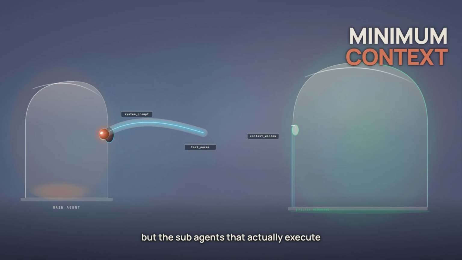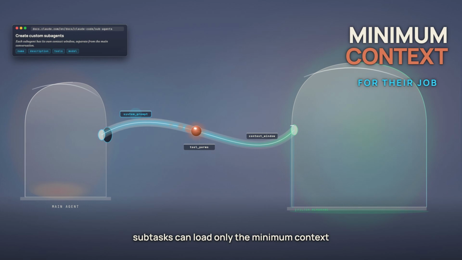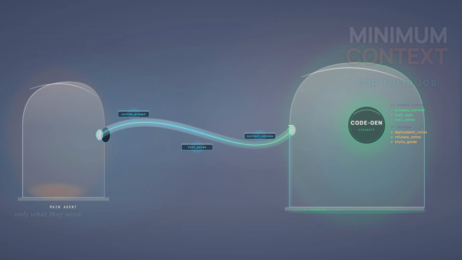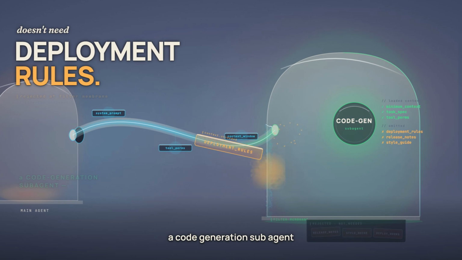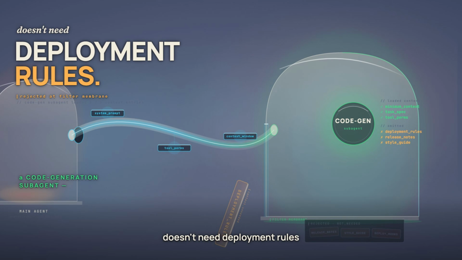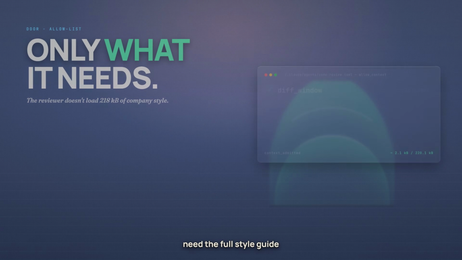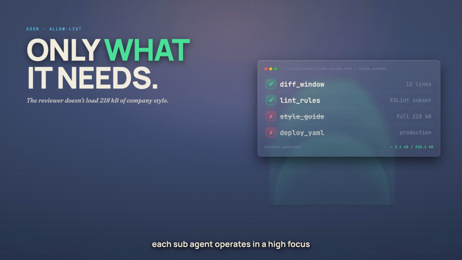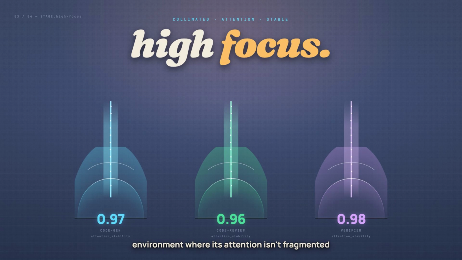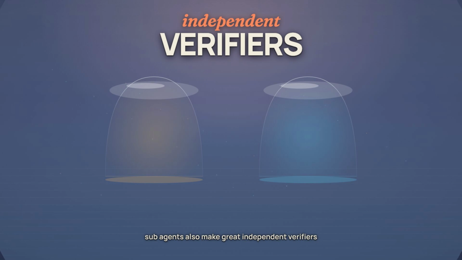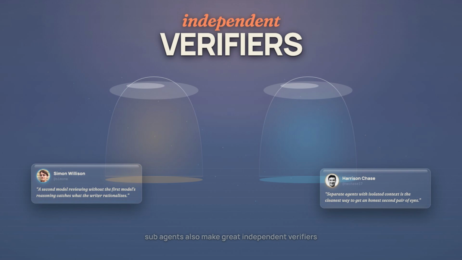What that buys you? The main agent handles orchestration and carries the project-wide rules from Claude.md. But the subagents that actually execute subtasks can load only the minimum context they need for their specific job. A code generation subagent doesn't need deployment rules. A code review subagent doesn't need the full style guide. Each subagent operates in a high-focus environment where its attention isn't fragmented. Subagents also make great independent verifiers.